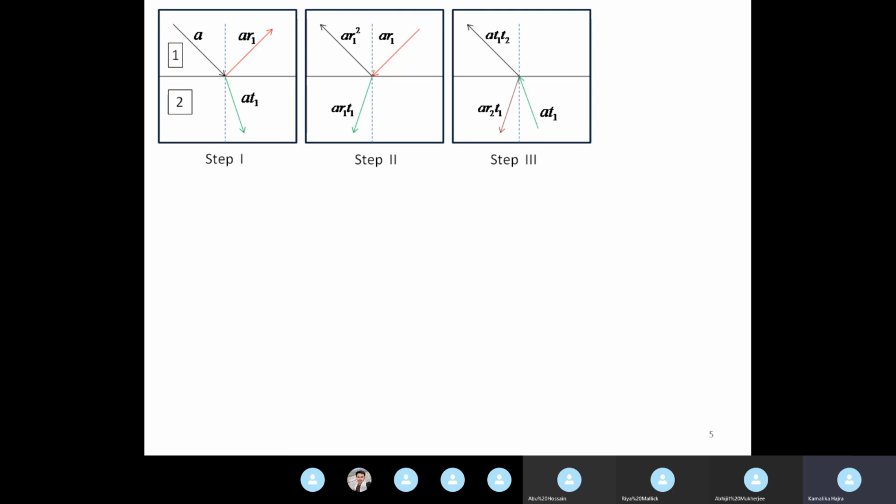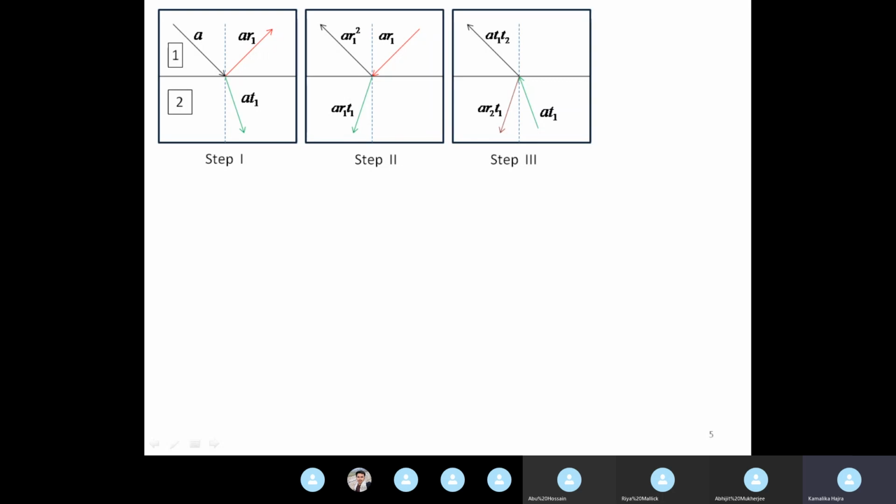So we saw how the amplitude of an incident beam is split up when it falls on the interface of two media. If the original beam is of amplitude A, then part of it will be reflected and part of it will be transmitted.